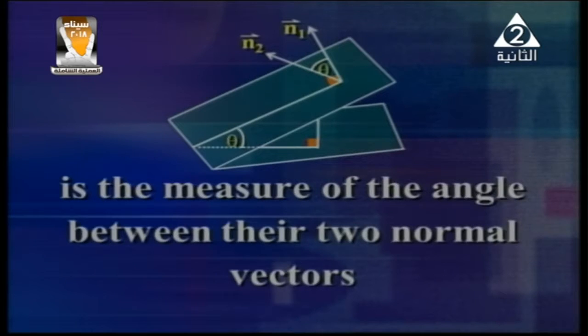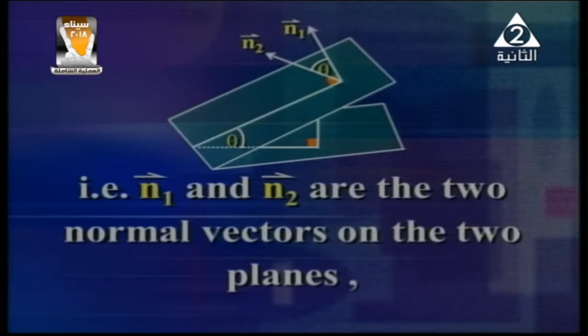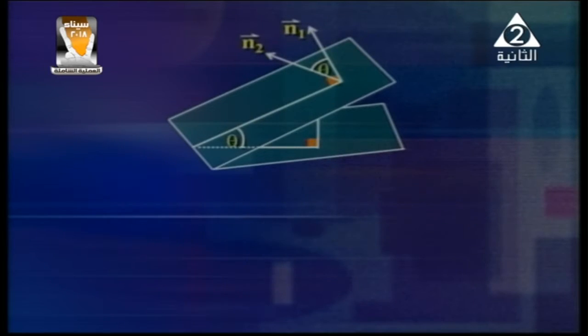Look at, we have two planes. What is the angle between two planes? The measure of the angle between two planes equals the measure of the angle between two normal vectors. N1, N2 are two normal vectors of the two planes.